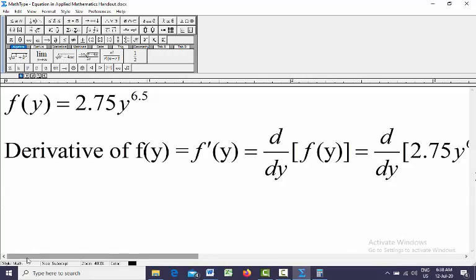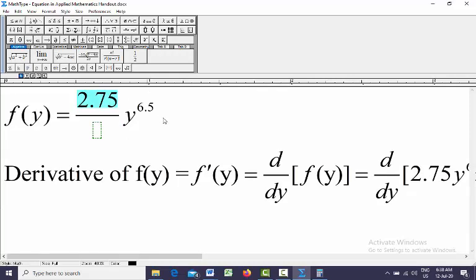Right. Now suppose the function is like this now.